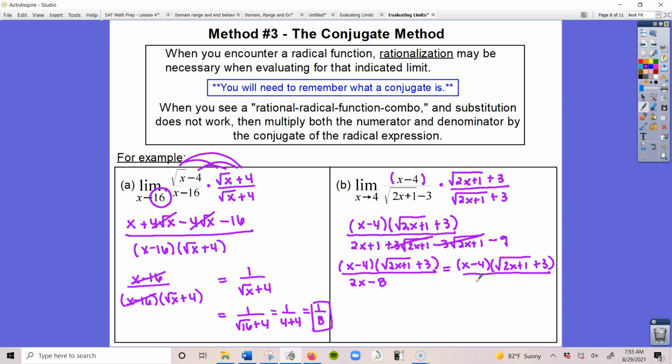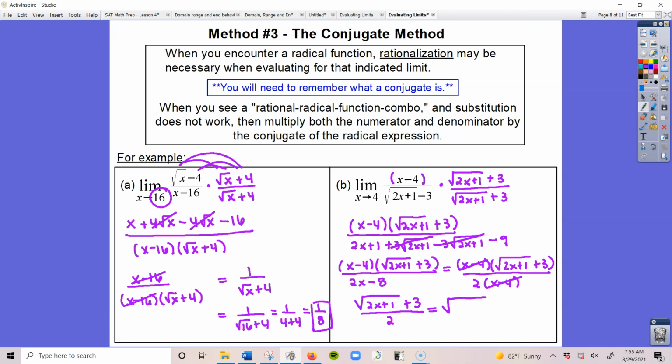The denominator is 2 times x minus 4. See, now this gets rid of my problematic factor. I can cancel these out. And now my new function here is the square root of 2x plus 1 plus 3 all over 2. Now we can go ahead and plug in the 4.